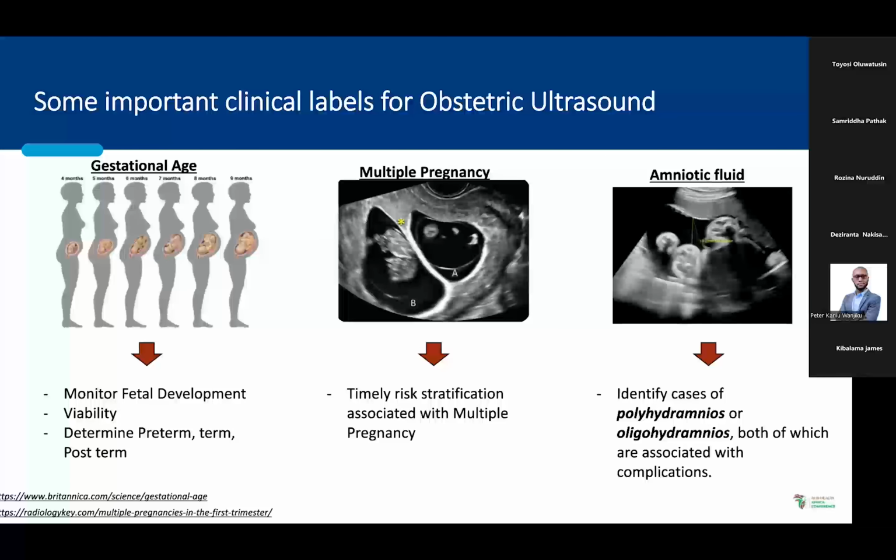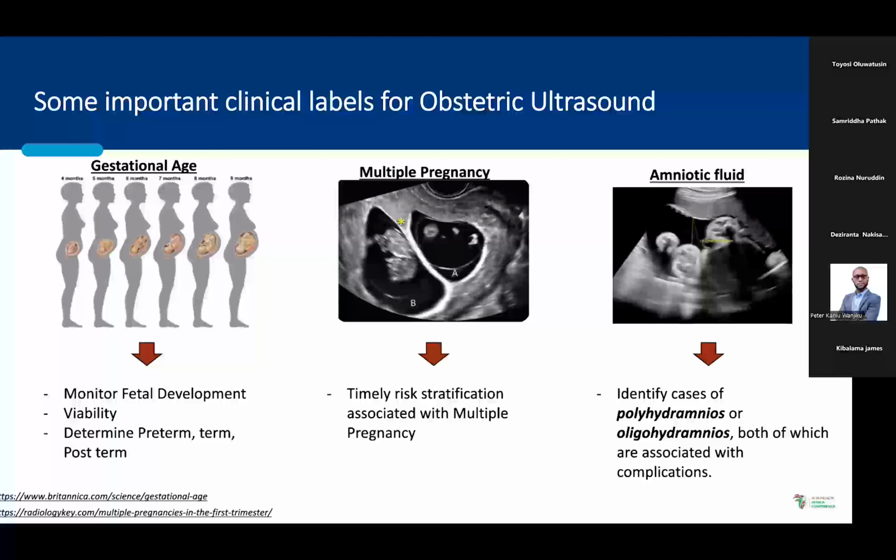Another thing they also look at is the volume of the amniotic fluid. That's the fluid that exists in the uterus alongside the baby, and it helps to regulate the temperature of the baby. It also allows breathing space for the baby.